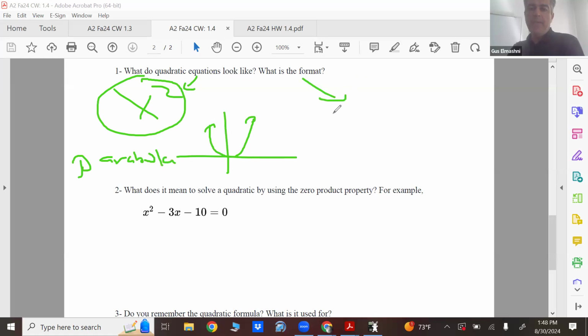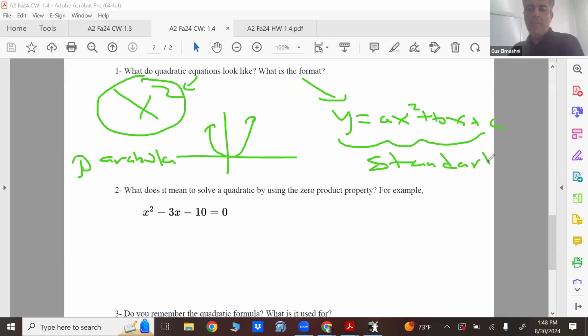What is the format? Usually it's going to be like this. And that's called standard form. That's the format.